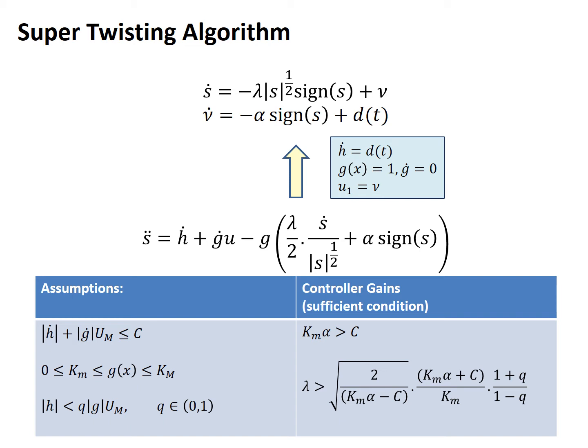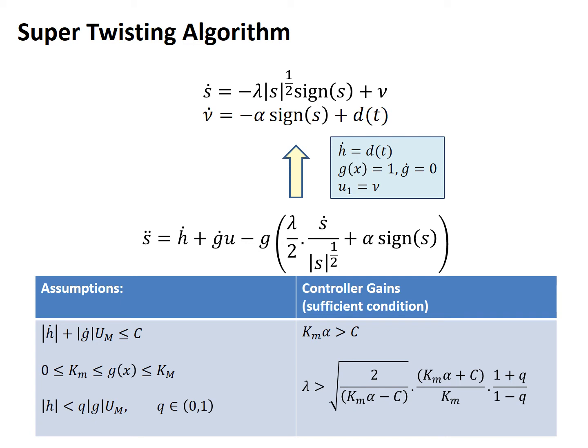So now if g is set as 1 and that's why g dot is 0, then what you will find out is that h dot becomes equals to dt.